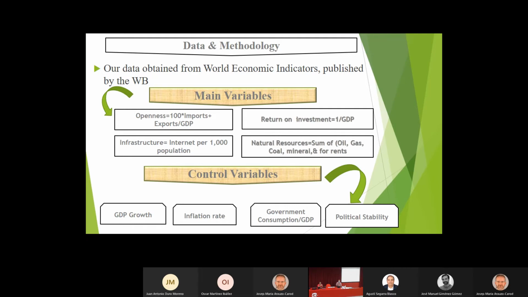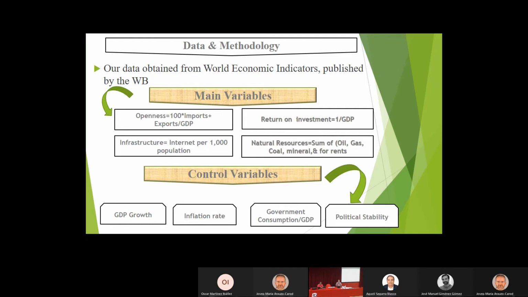Infrastructure is a very important variable to estimate; here we use internet users per 1,000 population in the host country. And the fourth one is natural resources, meaning the sum of oil, gas, coal, mineral, and forest rents. So these are the central variables.